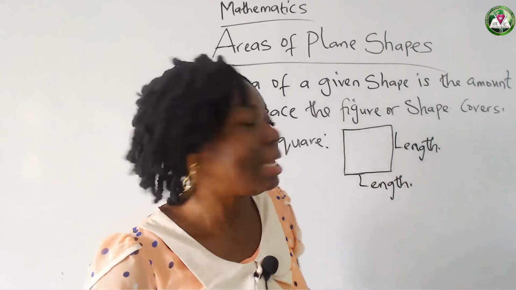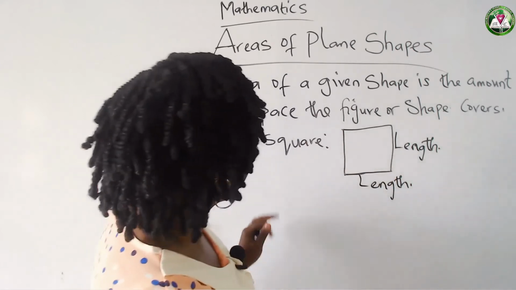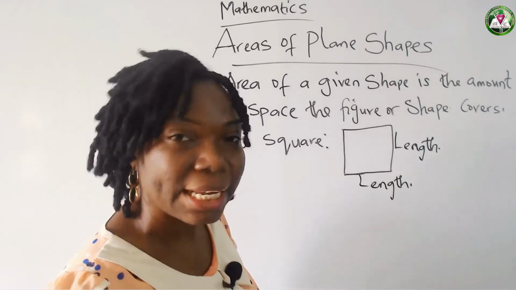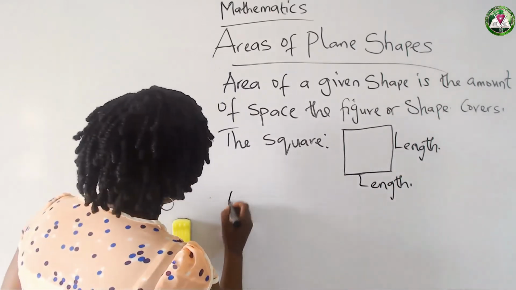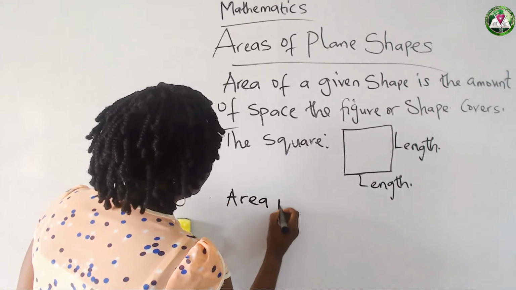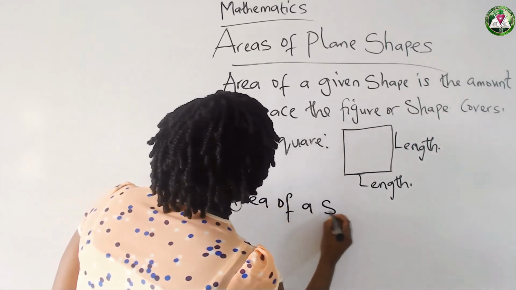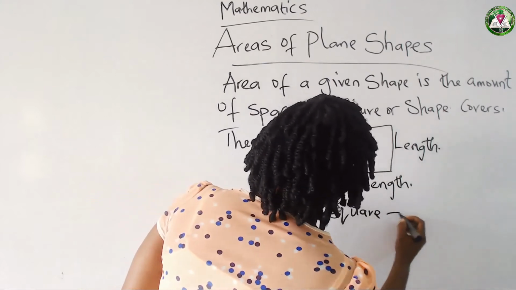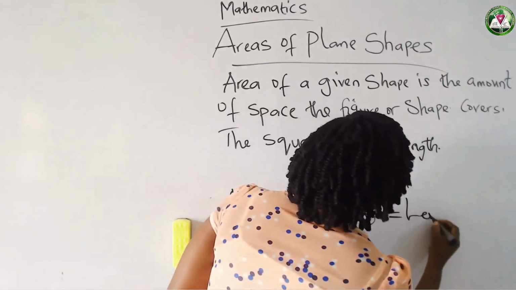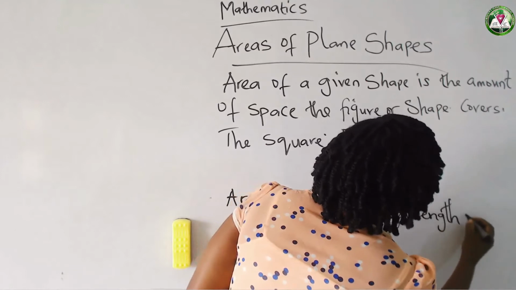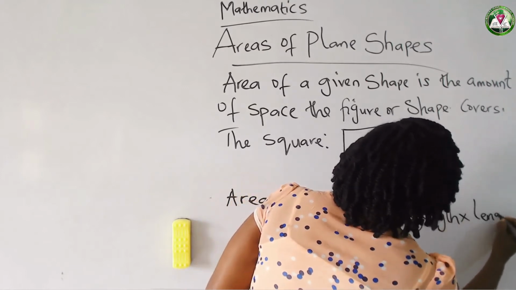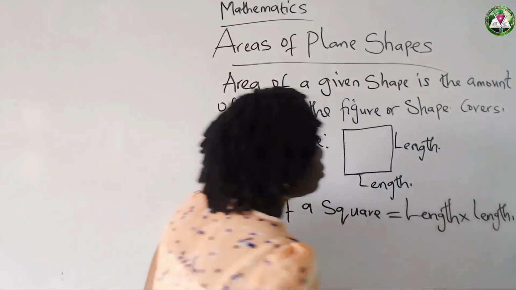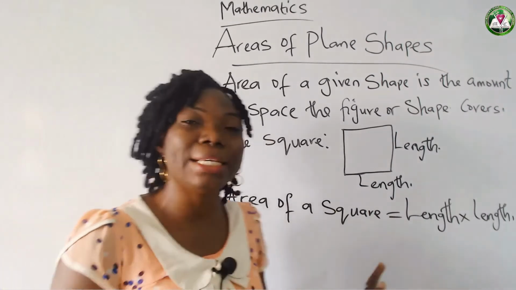Is that clear? Now, we said square has what? Length. Let's take example. We said to find the area of a square, it is what?